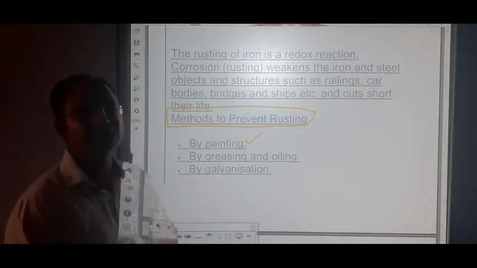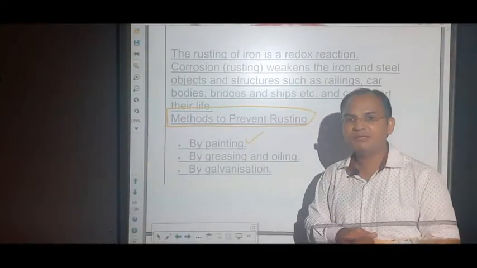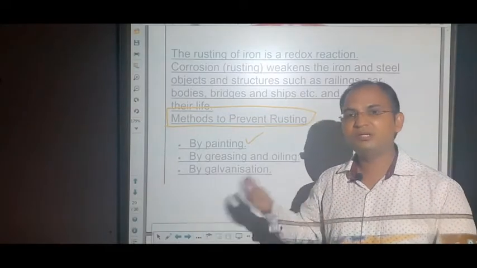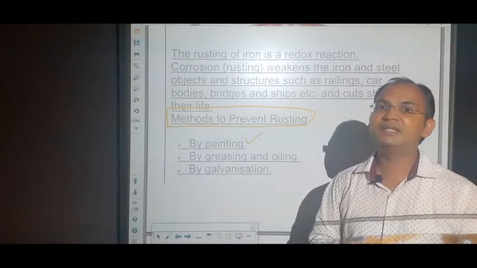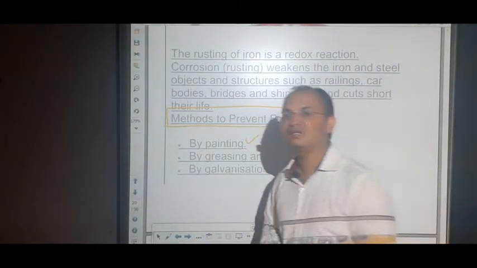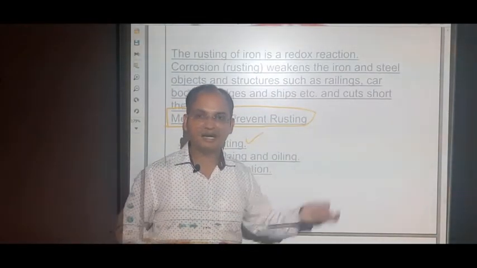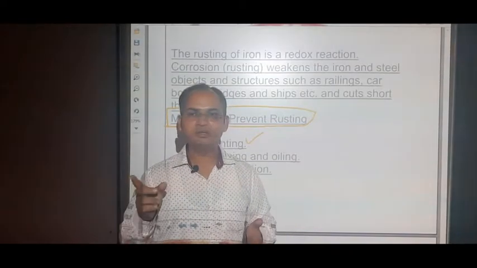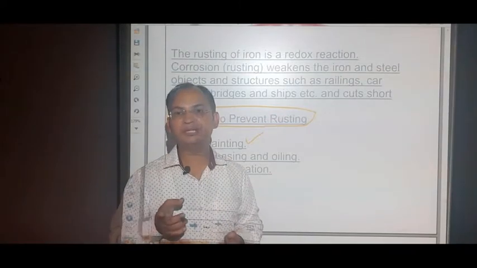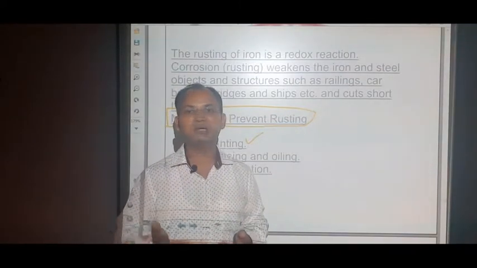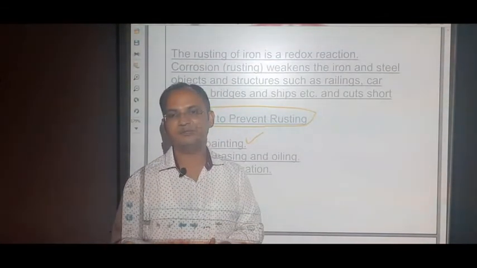The next is galvanization. Galvanization is a special chemical coating process, students, in which the surface of the iron is covered with another metal which is more reactive than the iron. So whenever there is a chance of reaction with oxygen and water, then instead of the iron reacting, the metal coated on the surface of the iron will react with oxygen and water and corrode, forming an inactive layer above the surface of the iron.